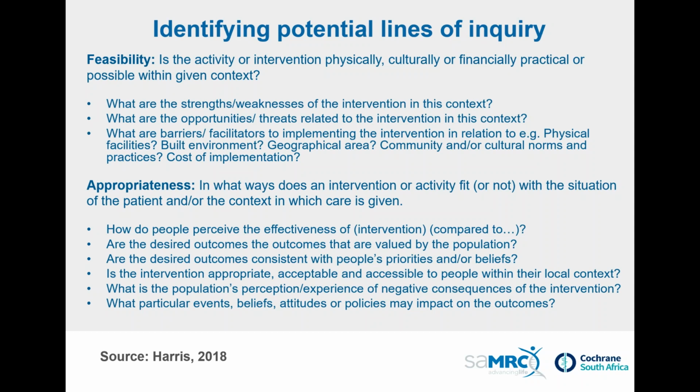So these could include, and again, there are many of them, how do people perceive the effectiveness of the intervention? Are the desired outcomes the outcomes that are valued by those who are affected by the intervention? Are the desired outcomes consistent with people's priorities and or beliefs? And a number of other kinds of questions related to appropriateness here.